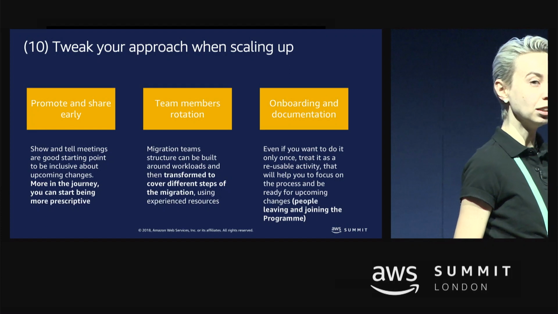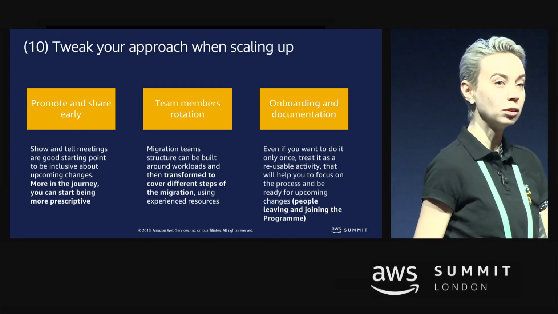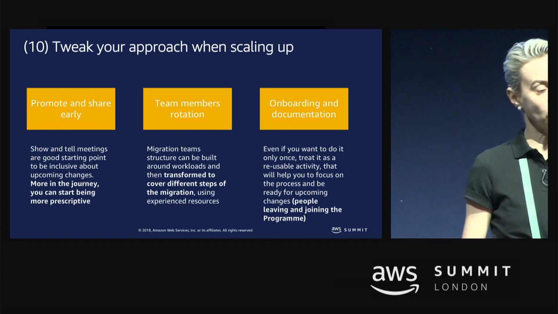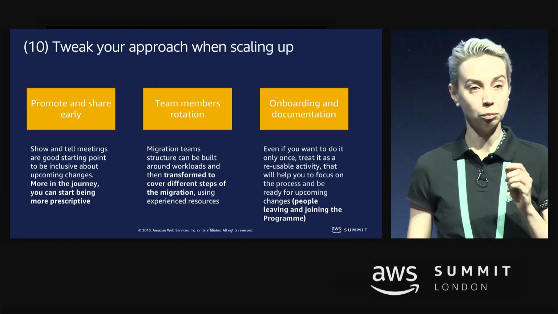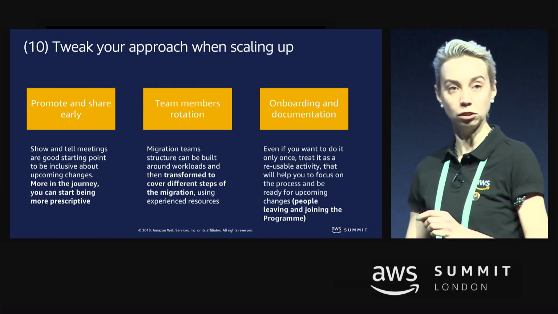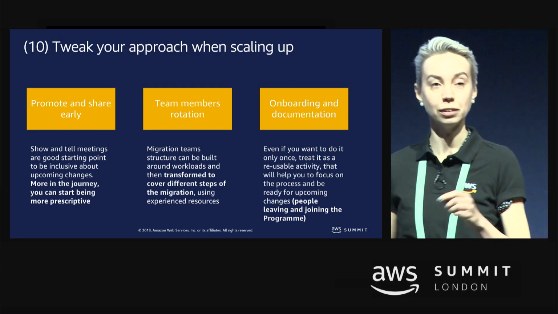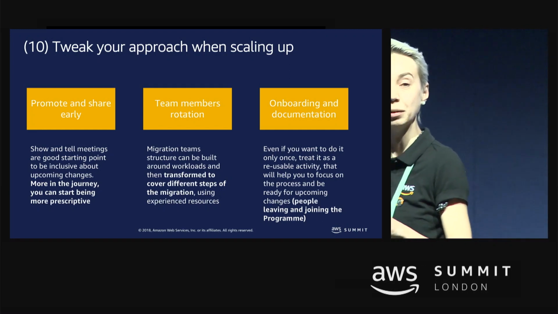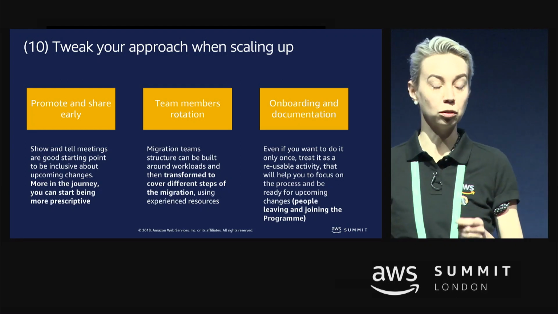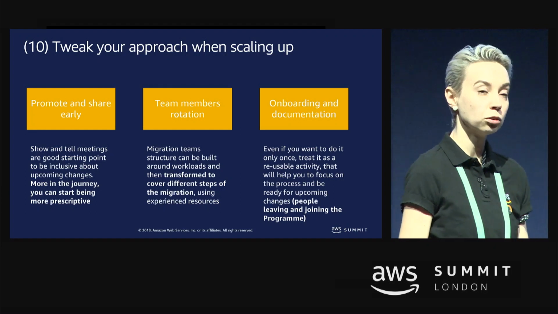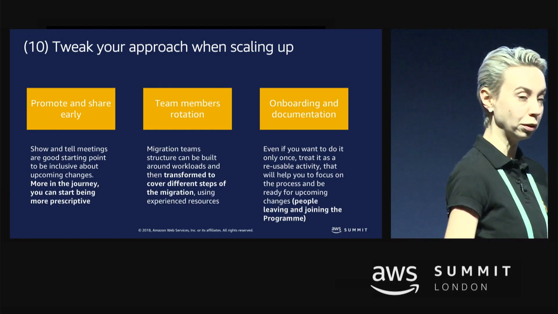The first option is to start inviting people outside of the program to share that experience and to learn on the job, and to put some of the people who were on the program outside to help other teams to prepare for migration better or to share best operational practices.